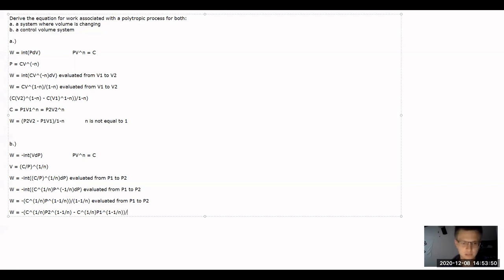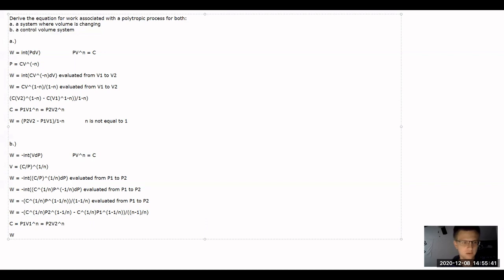These should both have negatives in them, by the way. And then this whole expression is divided by 1 minus 1 over n, which I'm actually going to rewrite here as n minus 1 over n.